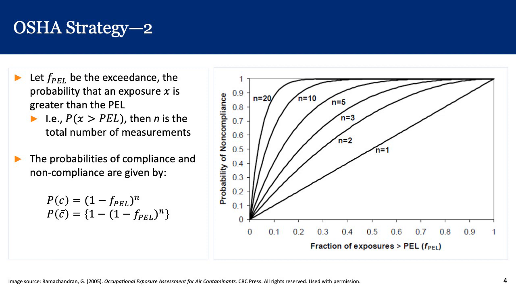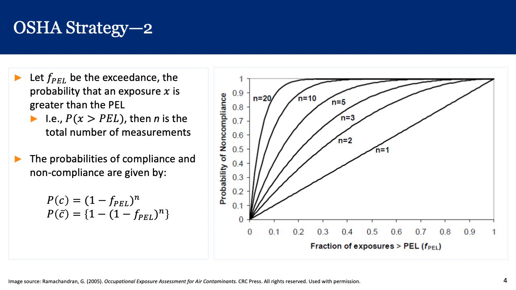So the graph on the bottom right hand shows the probability of non-compliance on the y-axis versus the exceedance fraction, that is the fraction of exposures greater than the PEL, or F, on the x-axis. So if you have one measurement, you have N equal to 1, it's a straight line, and you can see that as exceedance fraction increases, the probability of non-compliance increases.